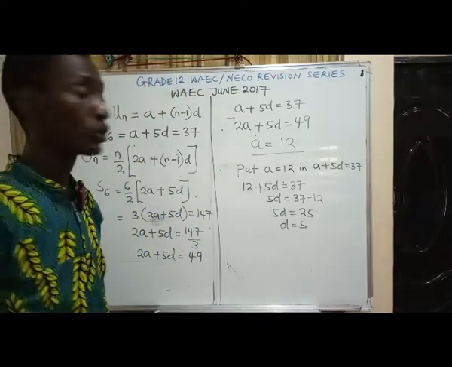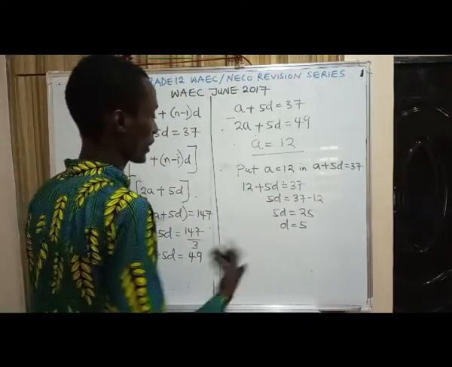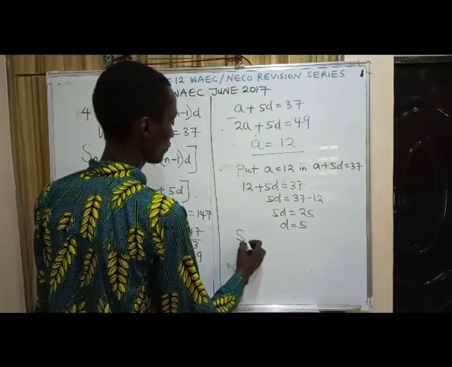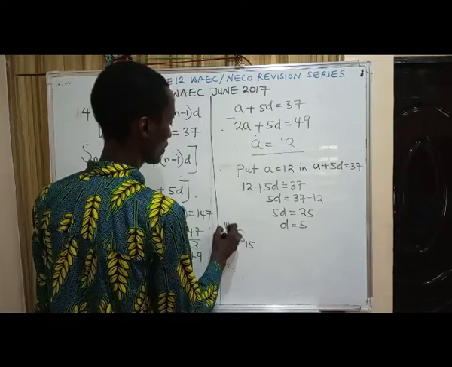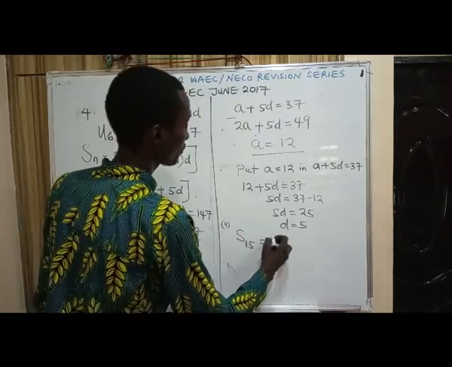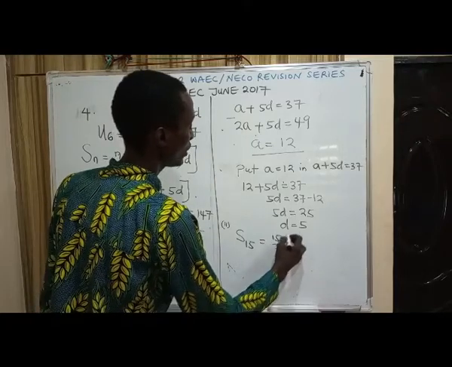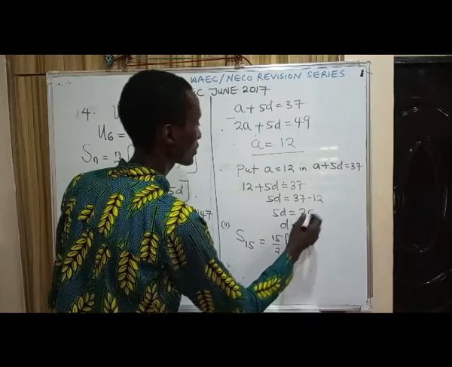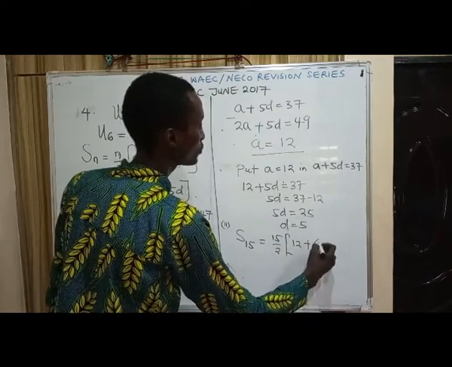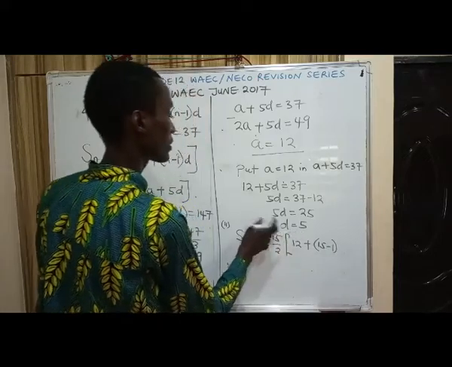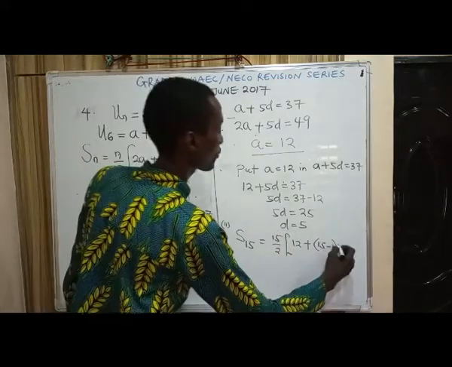So once I've done that, I can now go ahead to say that S15, the sum of the first 15 terms, will now be 15 over 2 into 12 plus bracket open 15 minus 1 times d, which is 5.